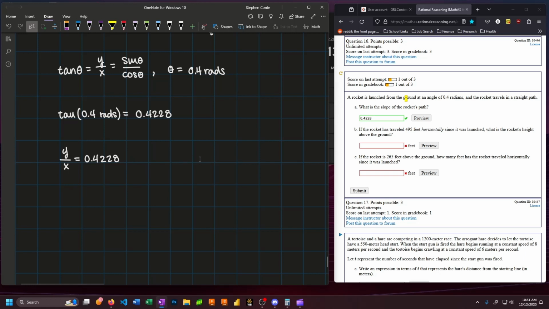Let's just say that x was equal to 495, because the horizontal distance traveled is 495 feet, and x represents a horizontal distance. Let's just solve for y then. So now I have y over 495 is equal to 0.4228.